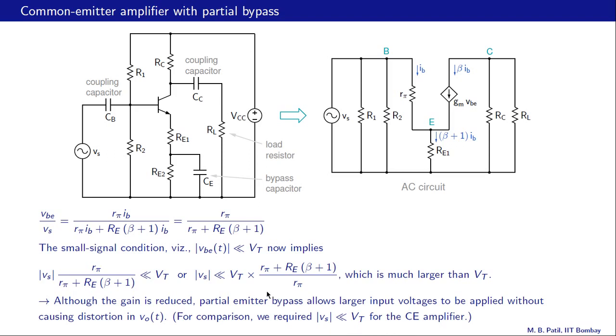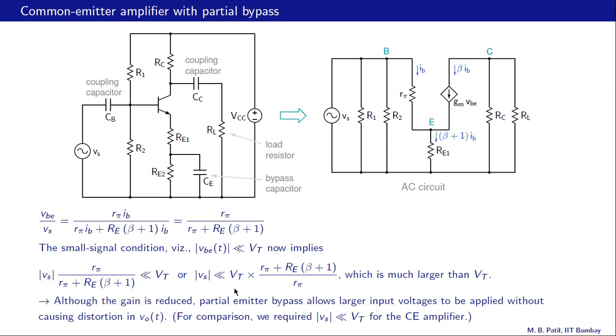Now let us say that this factor is 10. That means this entire expression is 25 millivolts times 10 or 250 millivolts. So the condition required in this case, that is the common emitter amplifier with partial bypass, is that the input amplitude must be smaller than 250 millivolts.